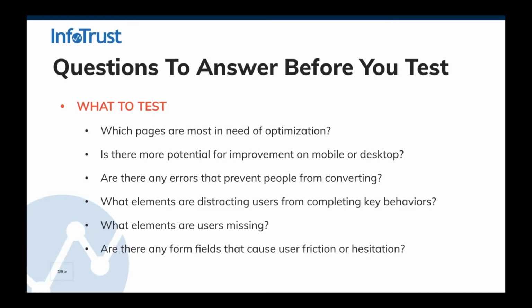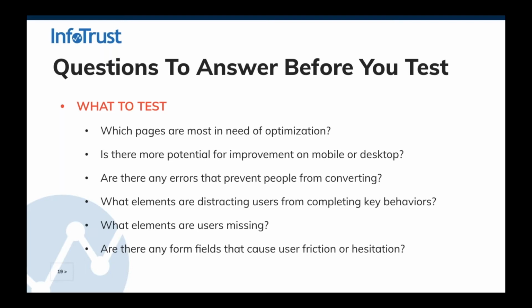So essentially, we need to know which pages are most in need of optimization. Of course, you'll look at your analytics data, whether that be Google Analytics or Adobe, whatever tool you're using. You take the data that you have available and figure out where your users are struggling.